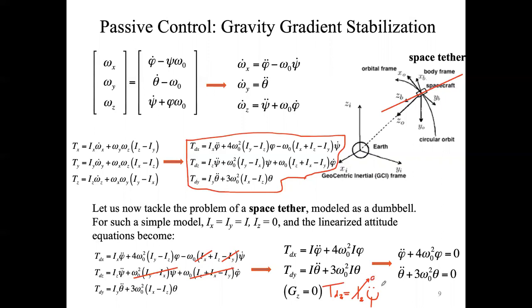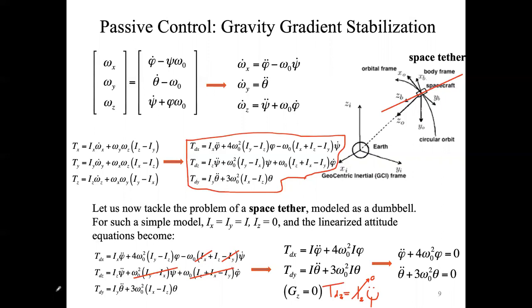So you don't have enough information to determine the attitude, because the tether is assumed to be infinitely thin.